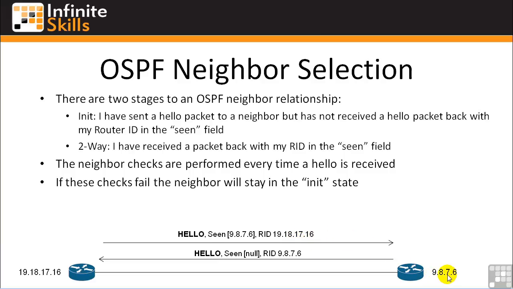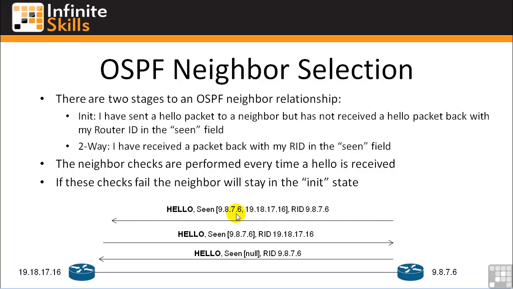At this point, router 9.8.7.6 assumes that it is in a two-way communication state with the router over here on the left. So it will get marked as two-way, even though this router over here is still in an init state. 10 seconds later, this router over here sends out a hello packet that says, hey, I've seen 9.8.7.6 and 19.18.17.16. My router ID is 9.8.7.6.